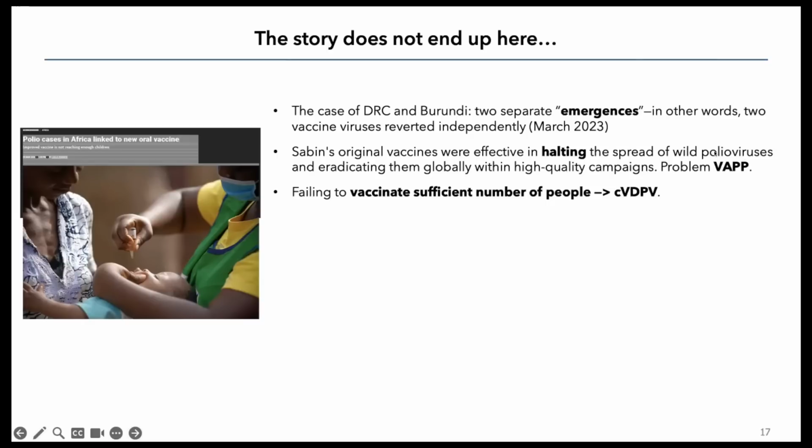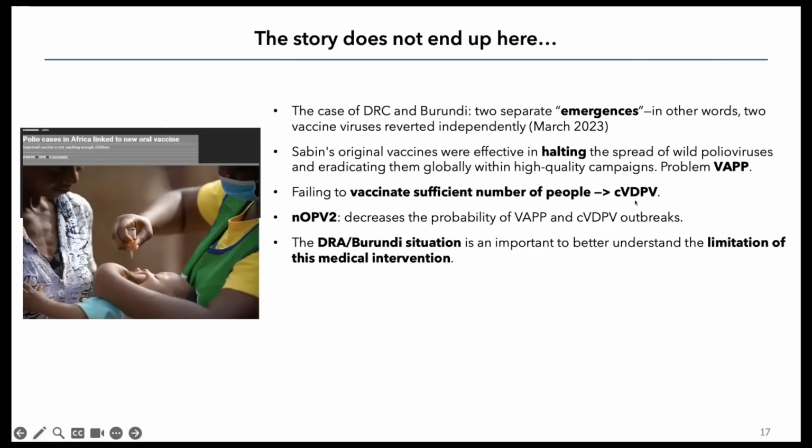Of course, there was a problem of vaccine-associated paralysis, but if you don't vaccinate sufficient numbers of people in the population, then you also have circulating VDPVs. nOPV decreases the probability of VAPP and also cVDPVs. I think there's enough data to demonstrate that.